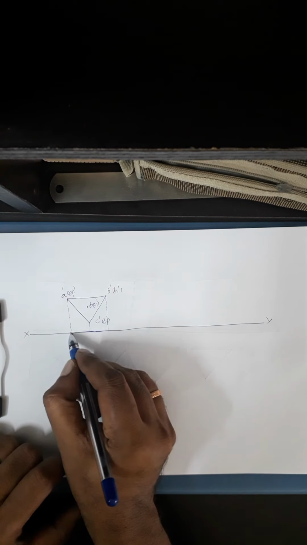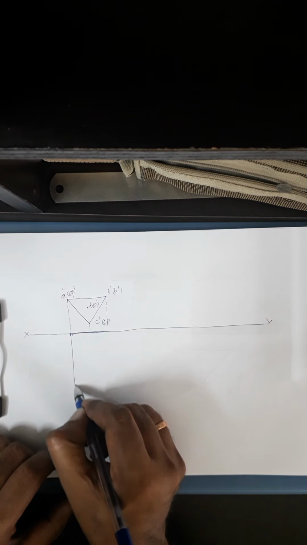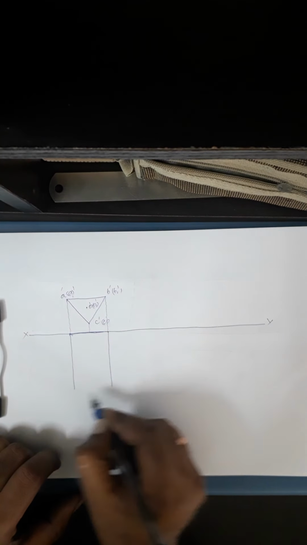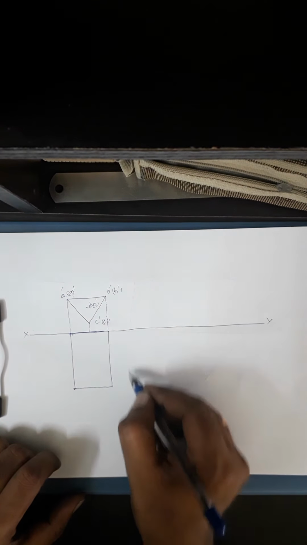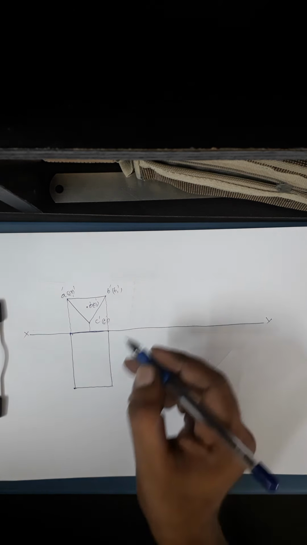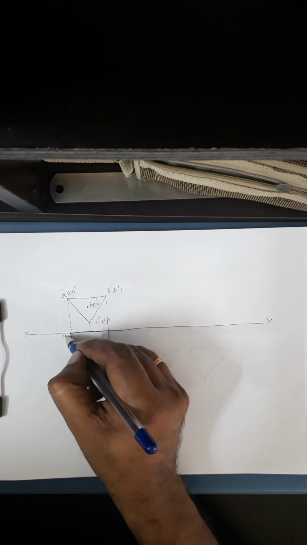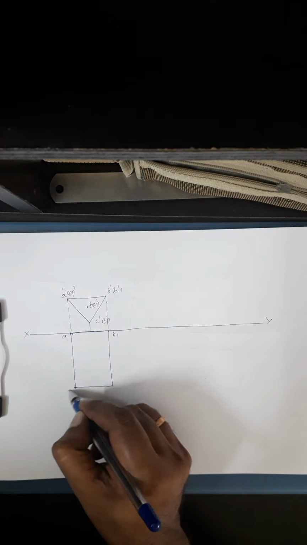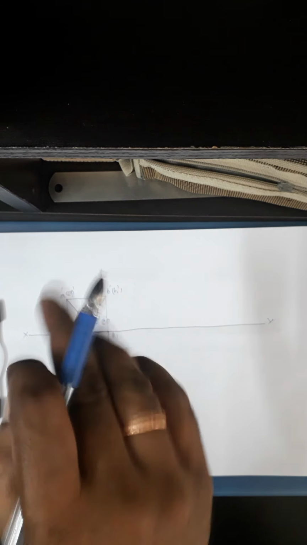So in that case, if I have this base touching the XY line on the horizontal plane for this rectangle, which is the front view, and I project it taking the height of the solid given in the problem, then this will be the view. This is A1, this is B1, this is A and B, the top rectangular surface that I can see, which is nearer to the observer.